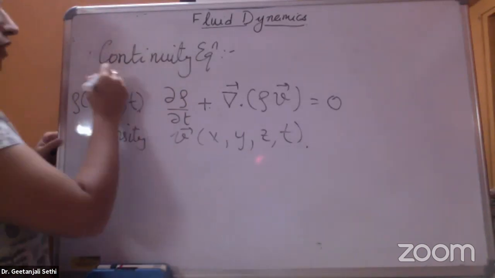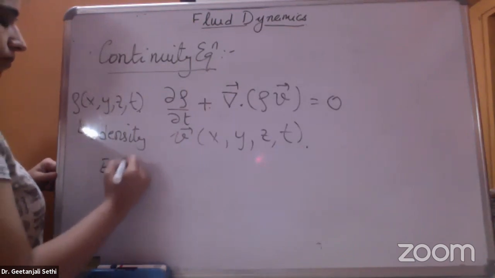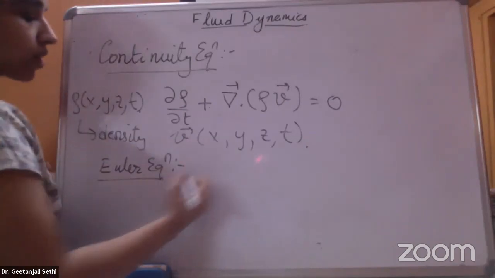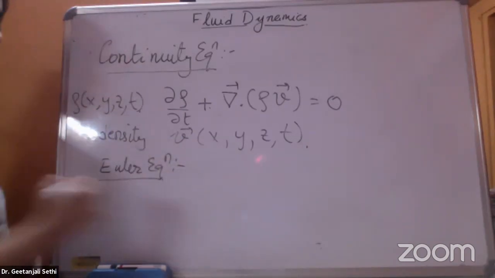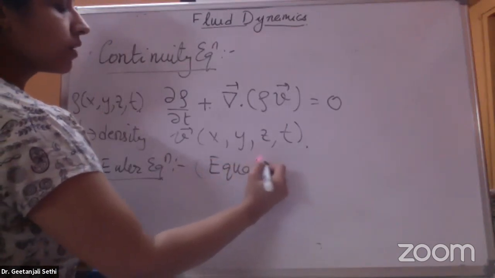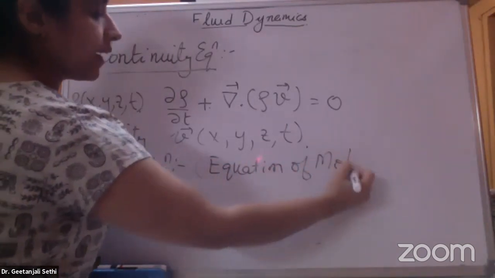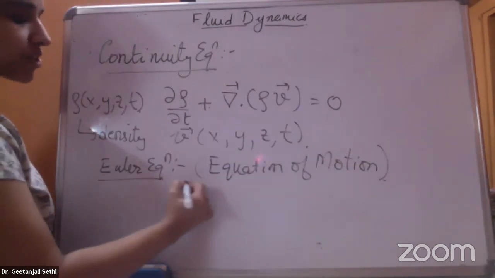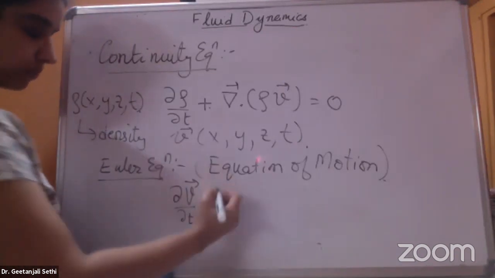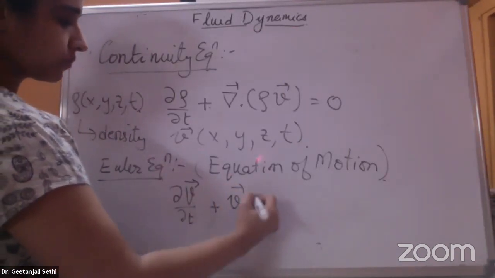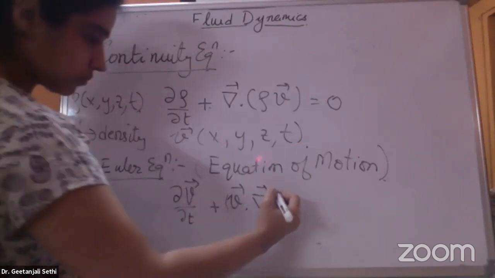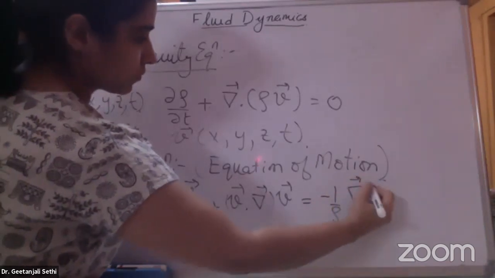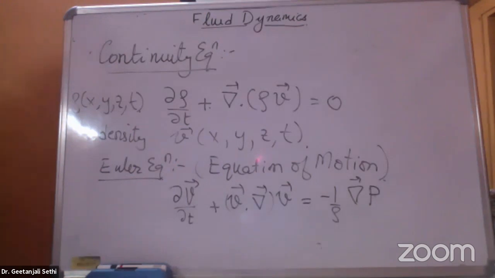And the second equation that we got yesterday was the Euler equation. The Euler equation, I will remind you, was nothing but the equation of motion of your fluid element, of this small volume element under consideration, and it read like this.